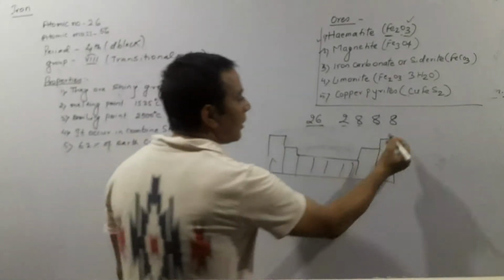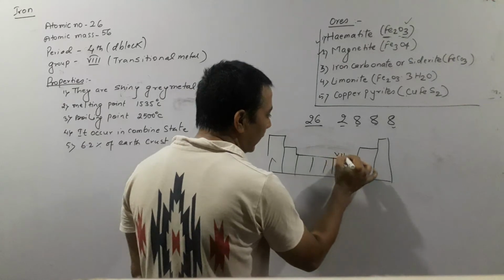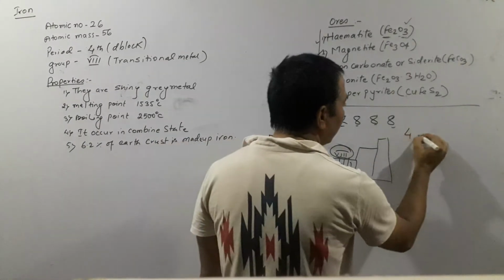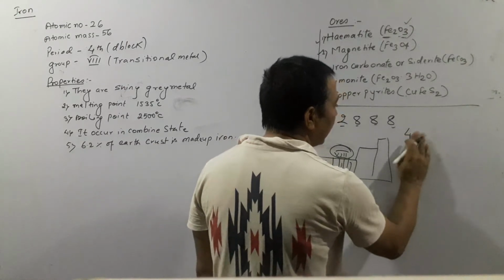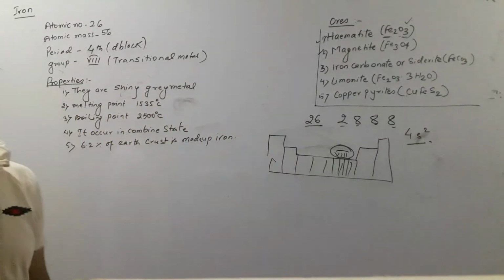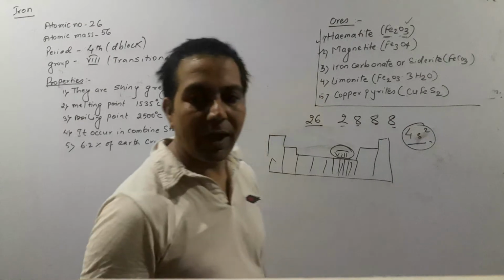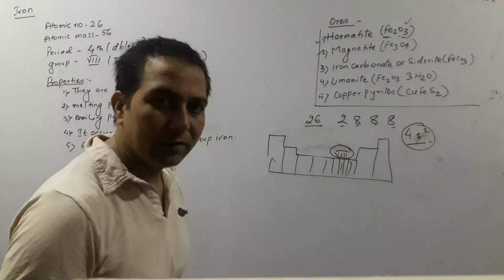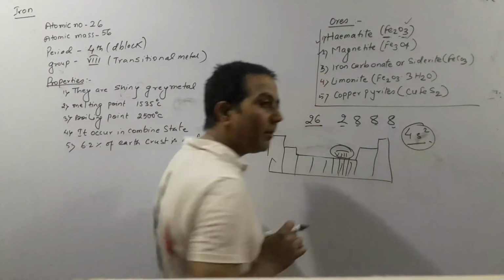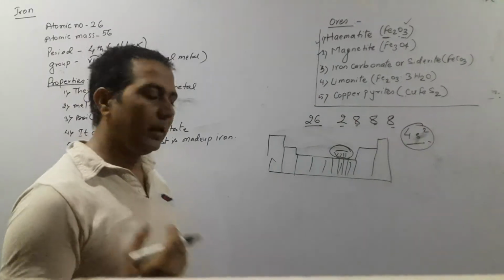So it falls on group 8. Okay, it falls on group 8. That may be 4s2. So how it comes, you have to study that one, because we have already studied in the periodic table how it is made.